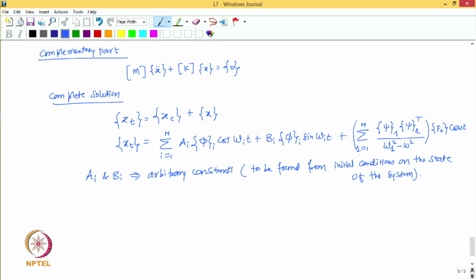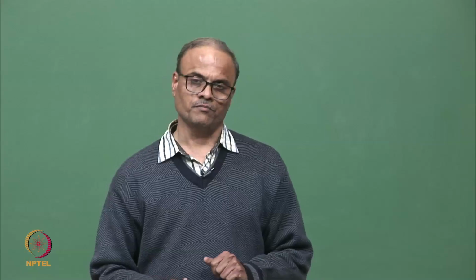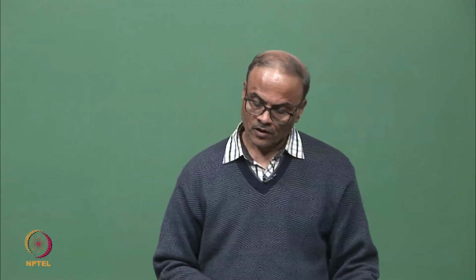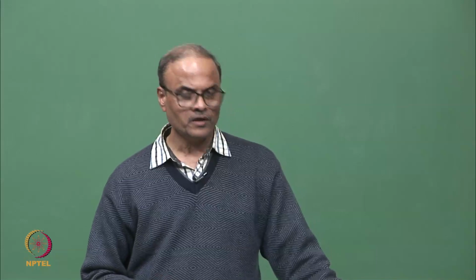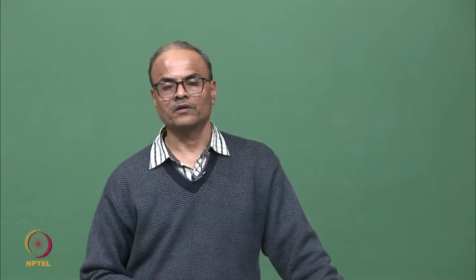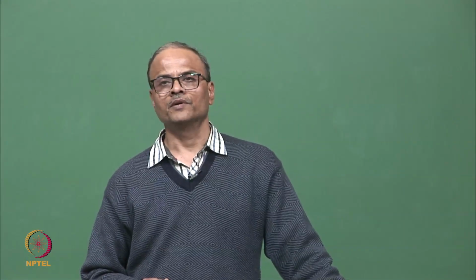So, once the initial conditions like the initial displacement vector and initial velocity vector are given, we can obtain A i and B i from here, because those would be 2n number of conditions, and then there are 2n number of unknowns, and these equations can be solved. So, this is nothing but the forced harmonic response of the multi-degree of freedom system.